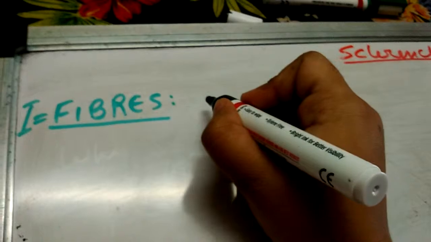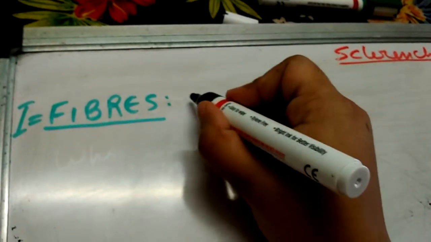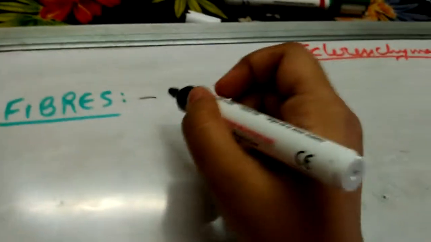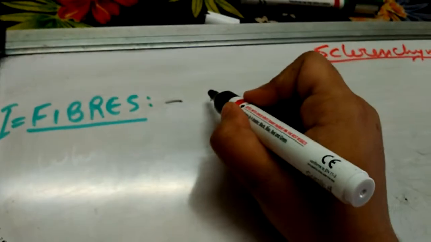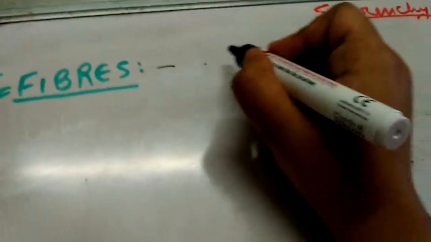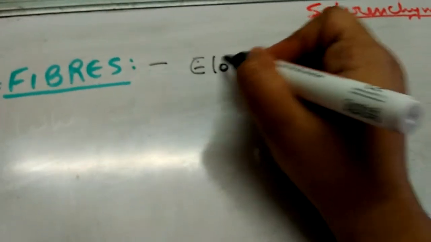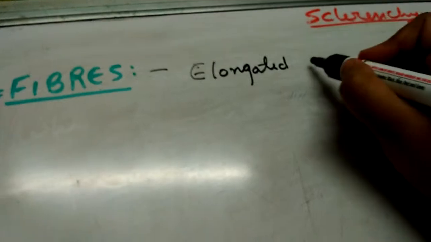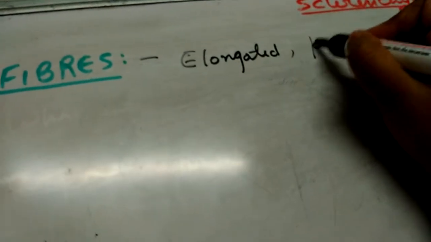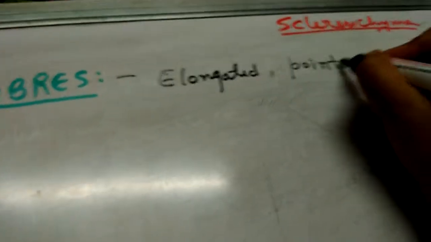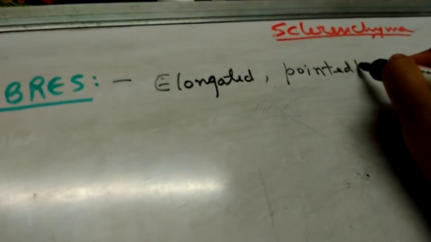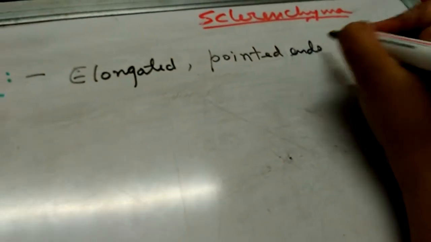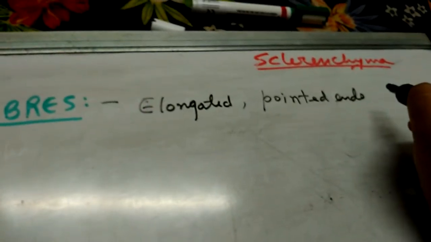So the cells of fibers, as a whole, the fibers are elongated, having pointed ends.